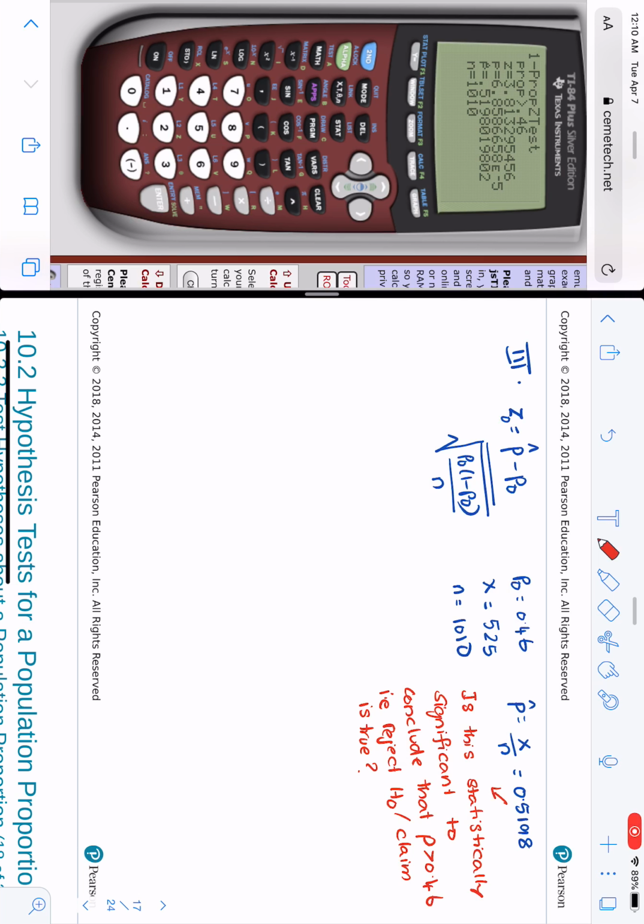Is that value statistically significant for us to conclude that the proportion of people who do not trust the media has gone up from 46% since 1997? So let's do both approaches here. The classical first.